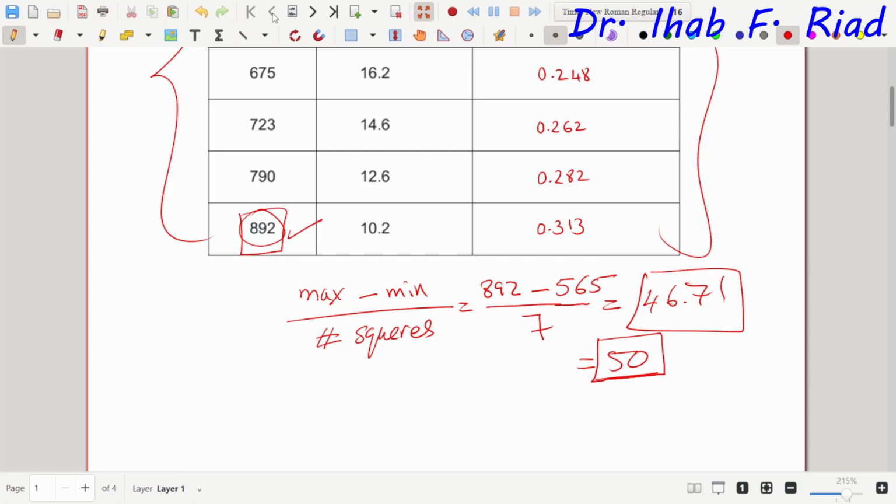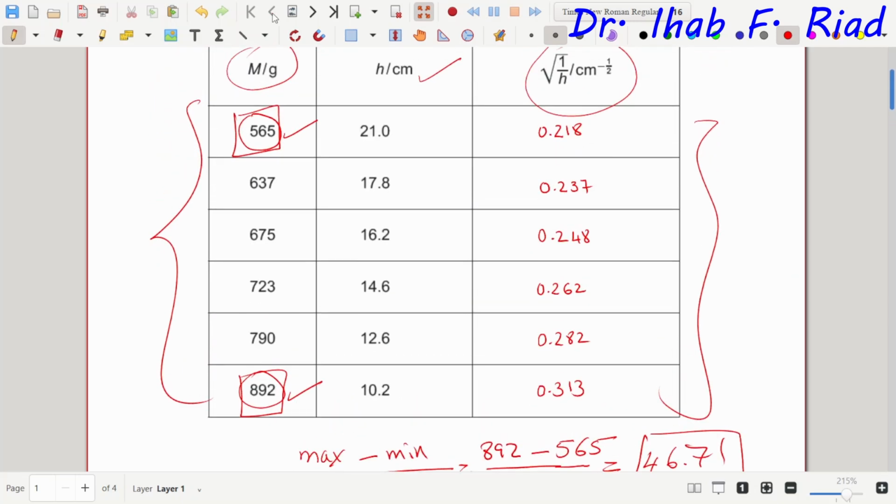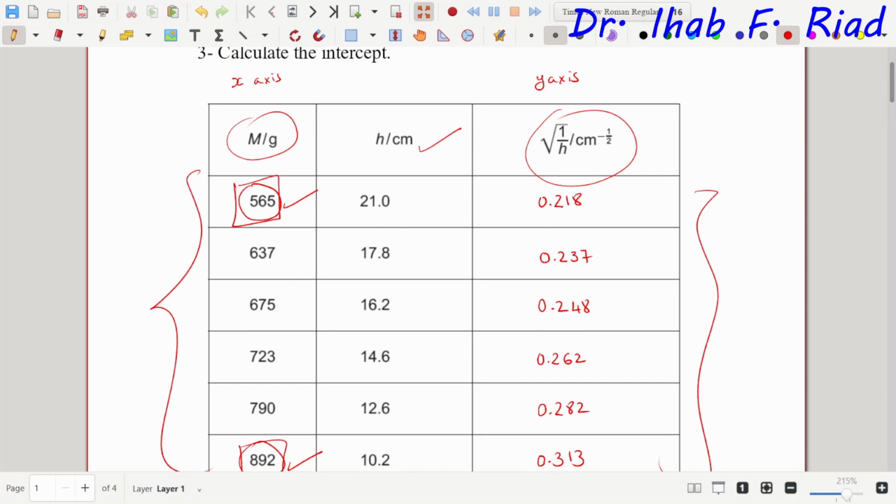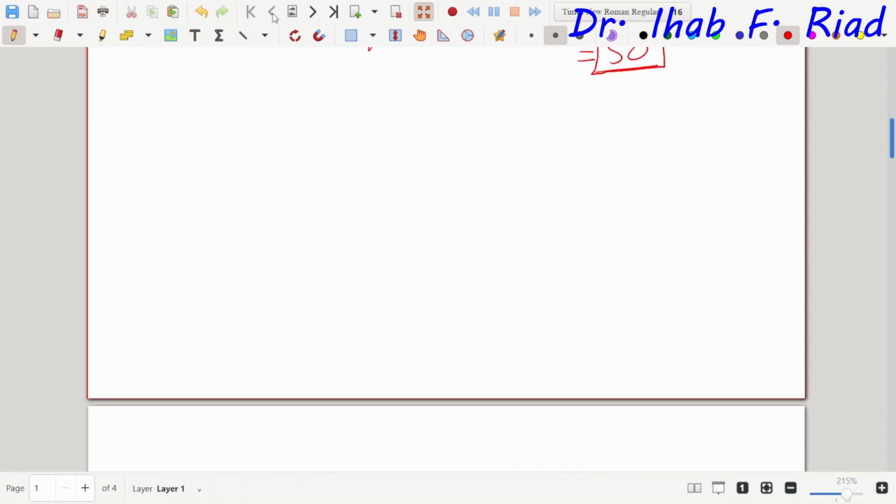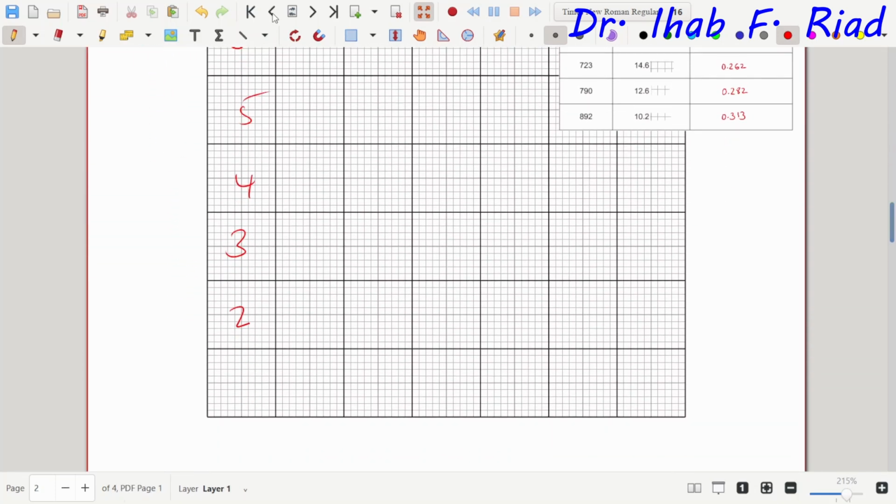From where we are going to start, if we take a look, we are going to start our x-axis from 550. We are going to start the minimum from 550. So let us do our scale.